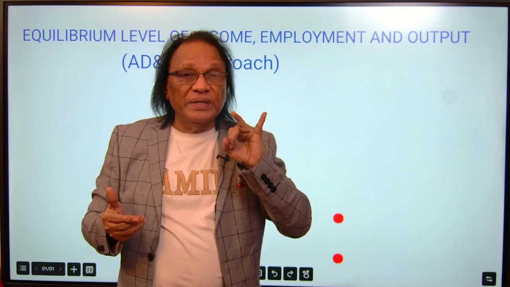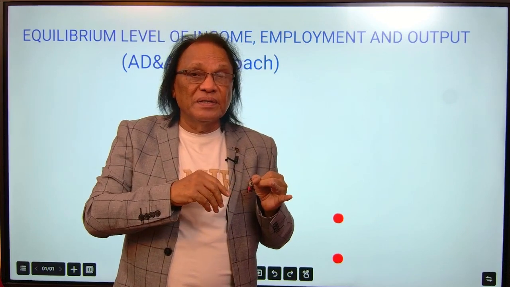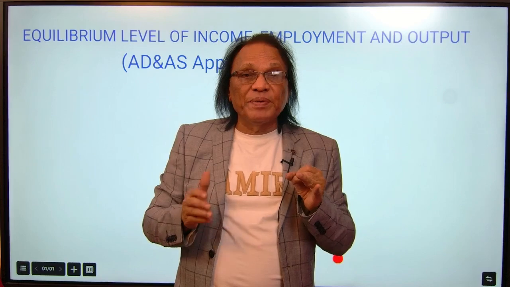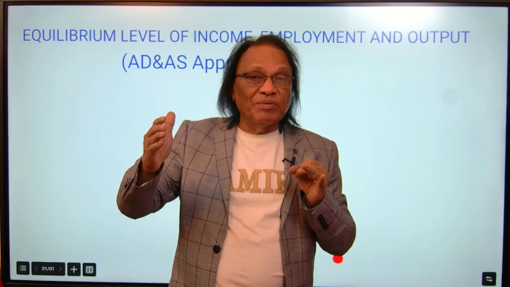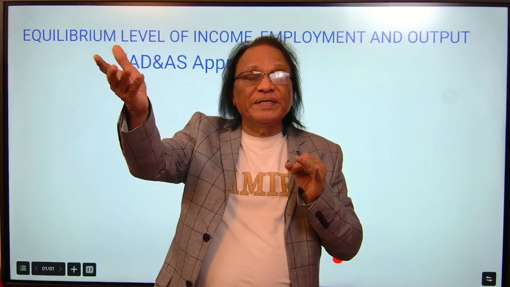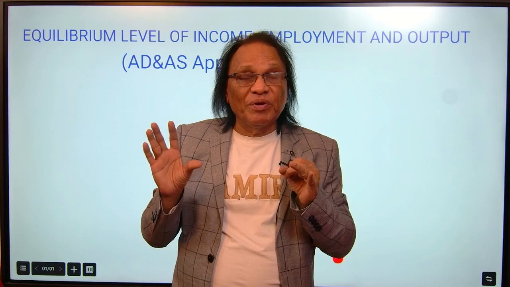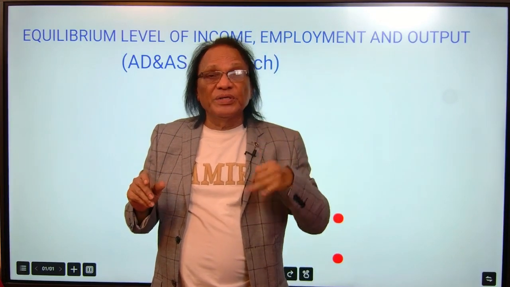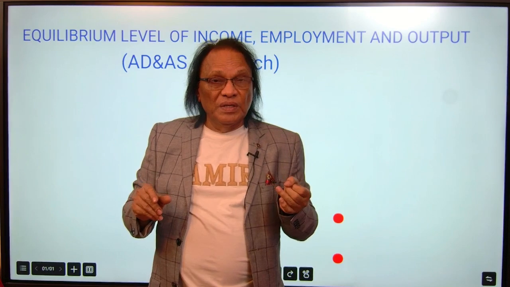First point. Second point, if planned expenditure, the AD, is more than AS, then what happens? Income will go up, employment level will go up, output will go up till the point AD becomes equal to AS at the equilibrium level of income, employment and output. Inventories will diminish here.